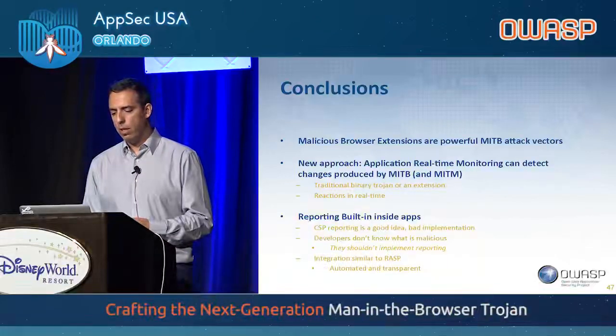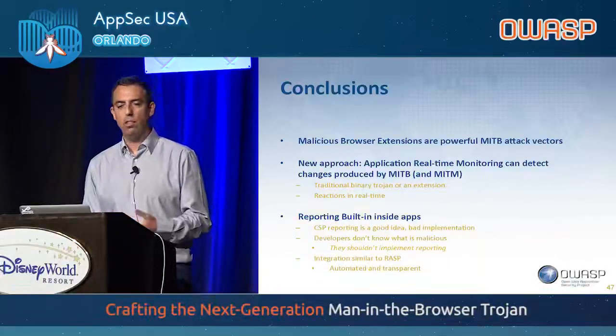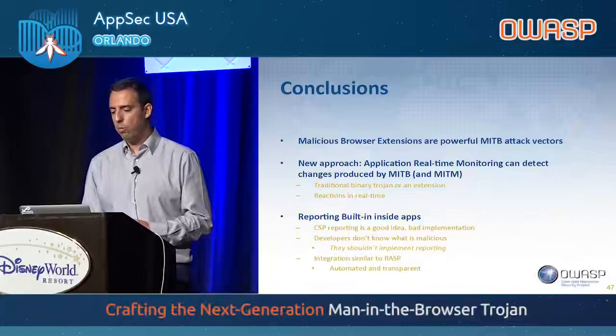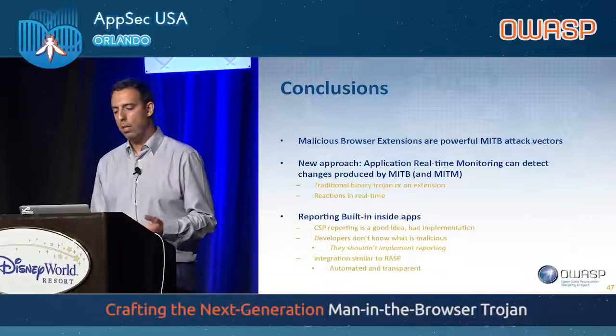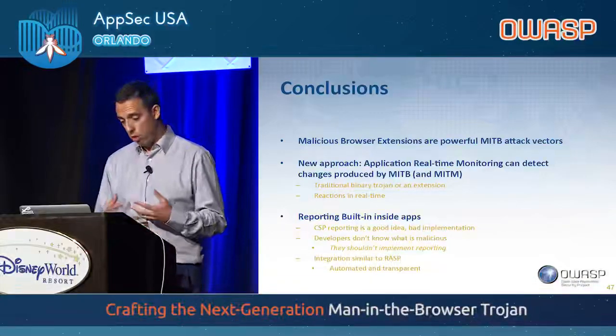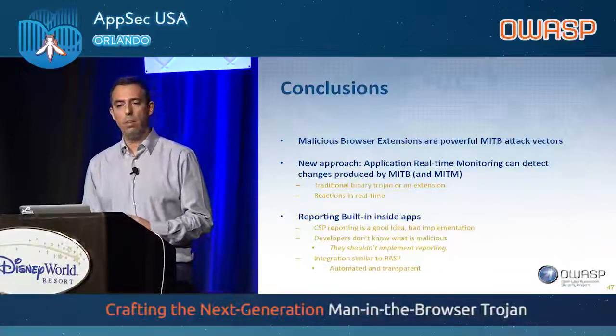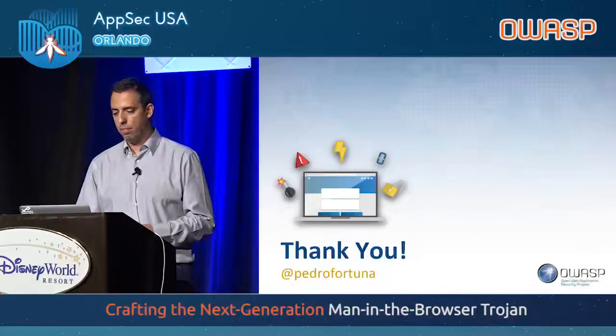And it's really interesting that you have built-in reporting capabilities inside the apps in an automated fashion. So reporting shouldn't be implemented, in our opinion, by developers, because they usually don't know what is malicious, and they shouldn't be implementing this reporting. So this should be done automatically.